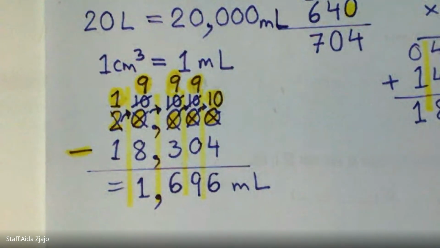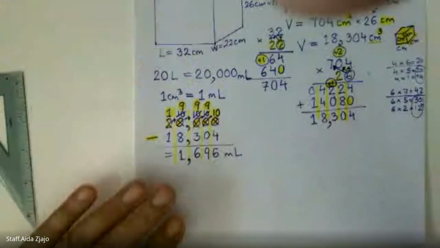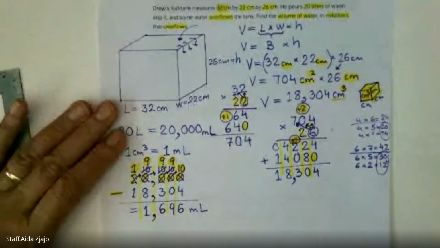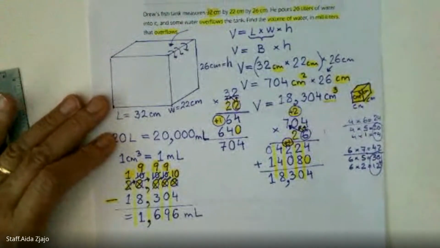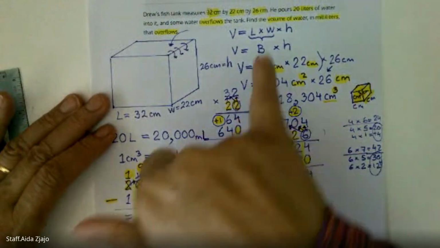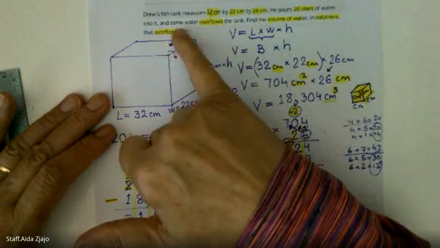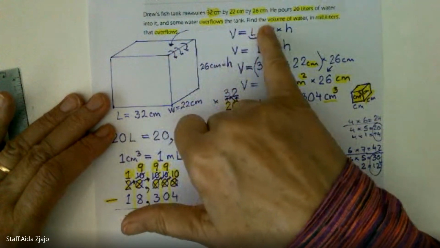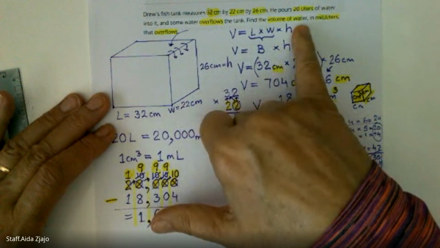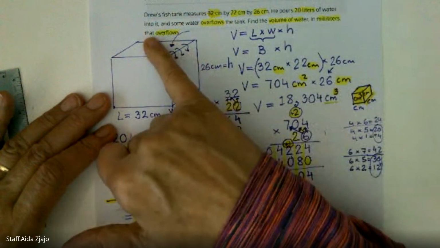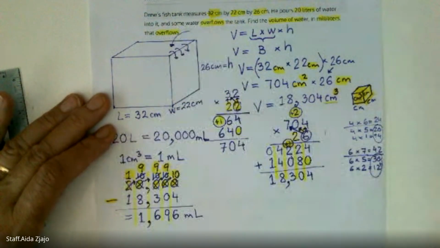So now finally we did all this work, and we needed to write the response. It says he poured the same water over a full tank. Find the volume of water, we did. In milliliters, we did. And then the milliliters that overflow.